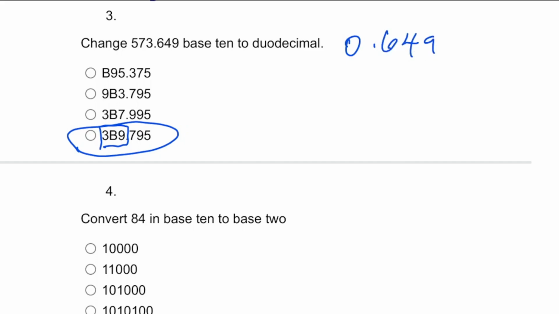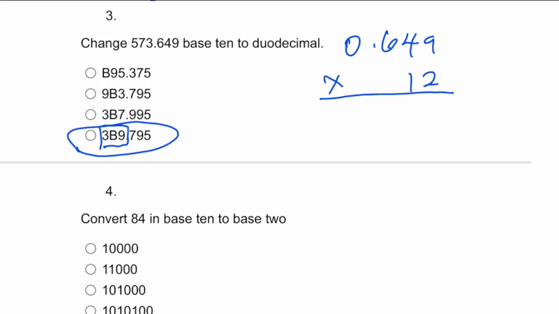Don't forget it's duodecimal, that is multiplied by 12. All right, so duodecimal. What we're going to do, let me just give you the trick here as well. So just multiply 0.649 times 12.